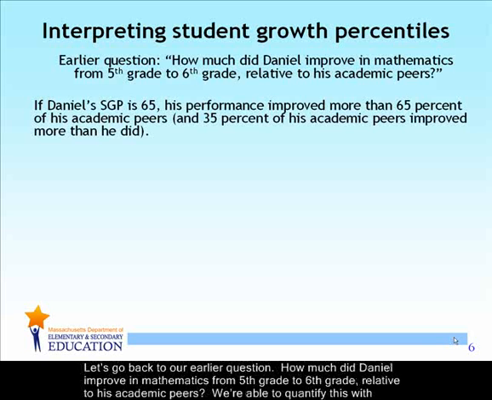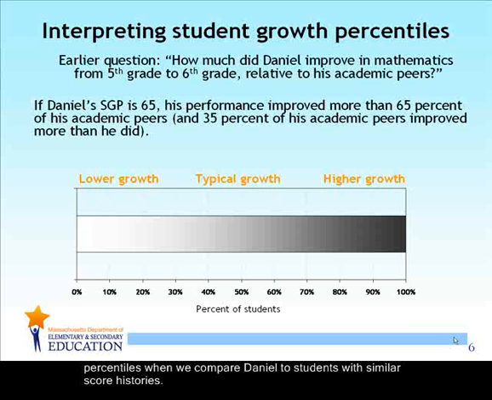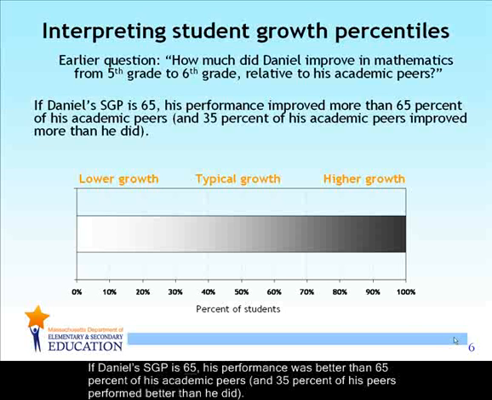Let's go back to our earlier question. How much did Daniel improve in mathematics from 5th grade to 6th grade relative to his academic peers? We're able to quantify this with percentiles when we compare Daniel to students with similar score histories. If Daniel's student growth percentile is 65, his performance was better than 65% of his academic peers, and 35% of his academic peers performed better than he did.